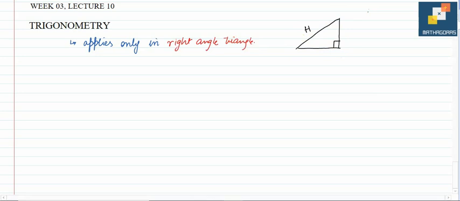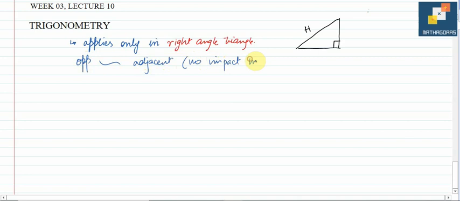Now in Pythagoras theorem, there is no difference whether you take a side as opposite or adjacent, right? It doesn't matter in Pythagoras. So I am going to write: no impact in Pythagoras.